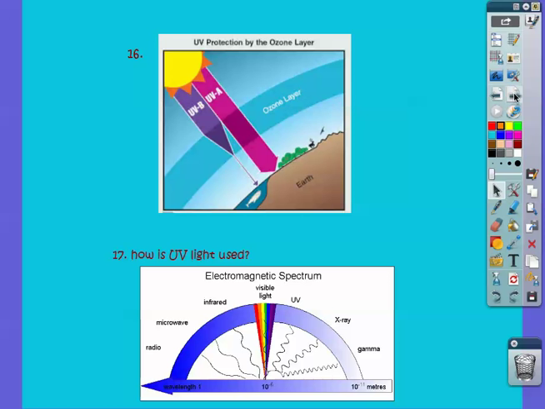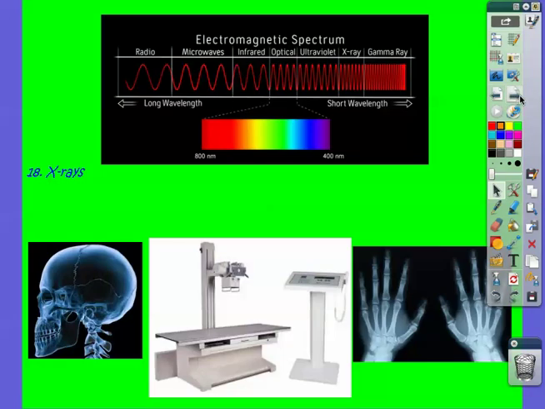So after that, we can talk about X-rays, and X-rays are a type of electromagnetic wave that now we're really getting into waves that have quite a bit of energy. So much energy that these waves can pass right through your soft tissue, like your skin, your muscles, your organs. They don't have enough energy to get through your bones, however. So when these waves hit your bones, they reflect off that. And this is what allows us to use X-rays to get an image of what's going on inside of your body with your skeleton, with your bones.